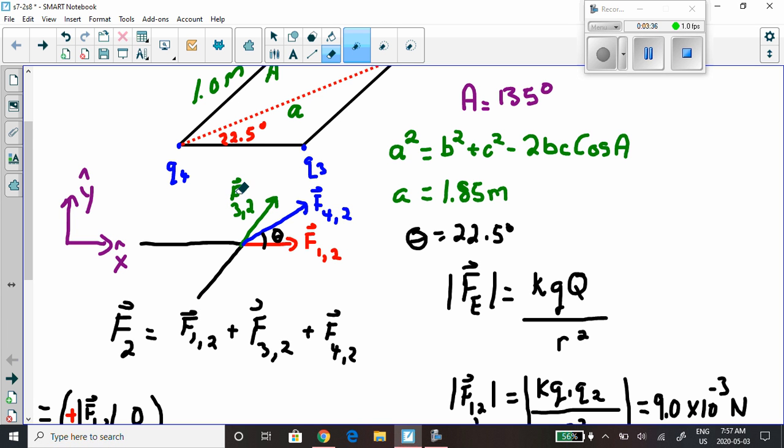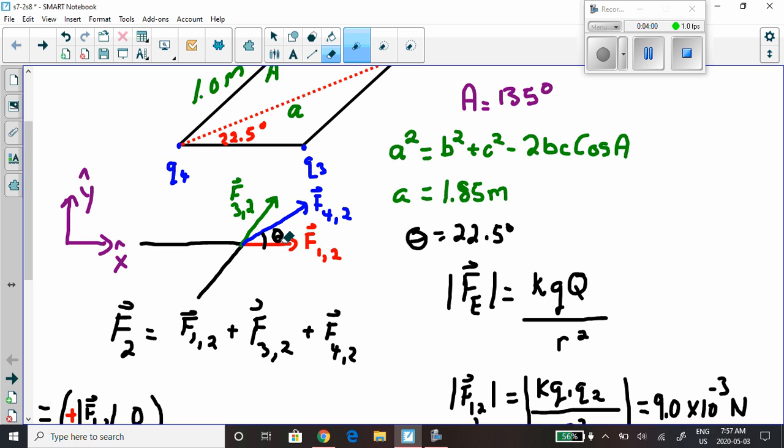Electric force from charge 3 onto charge 2, it's in green. Then along the long diagonal, this 1.85 meters, is the electric force from charge 4 onto charge 2, and I've drawn it right there in blue.